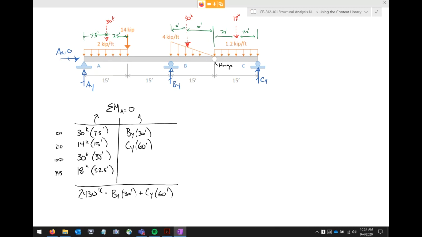So I didn't get an answer. I got an equation. Let's call this equation 1. All right. So it's not an answer, but it's something.